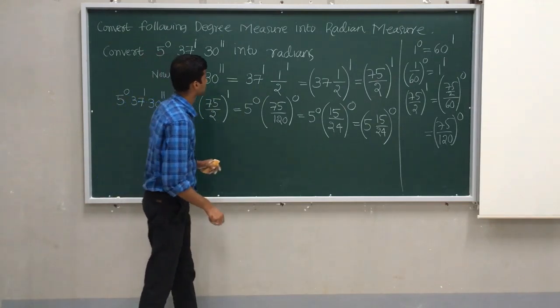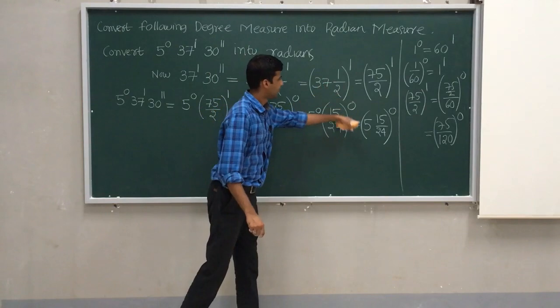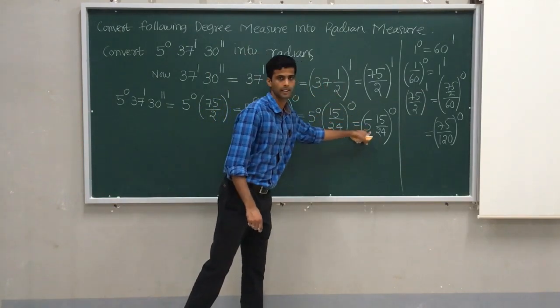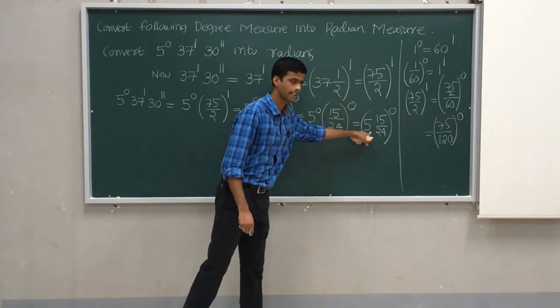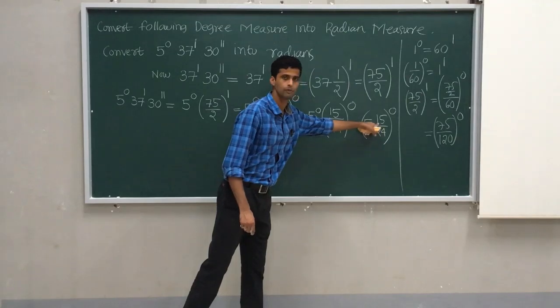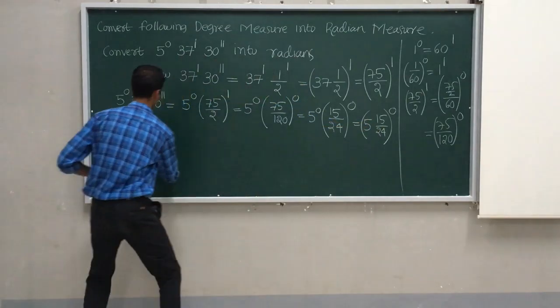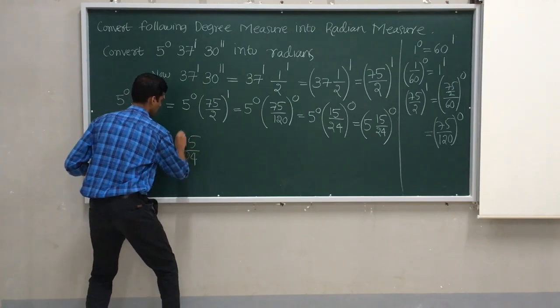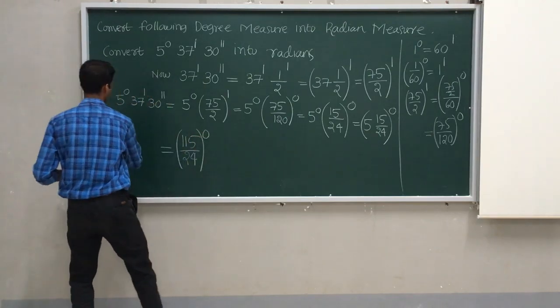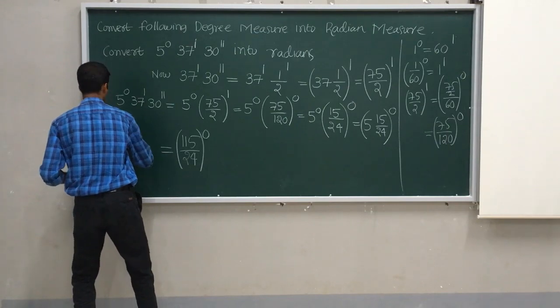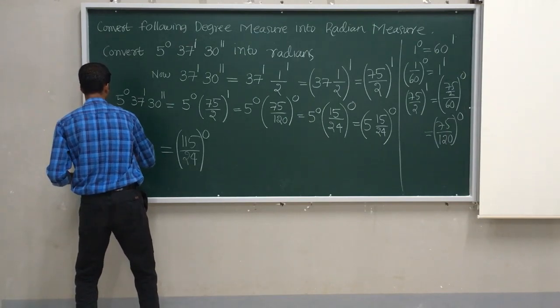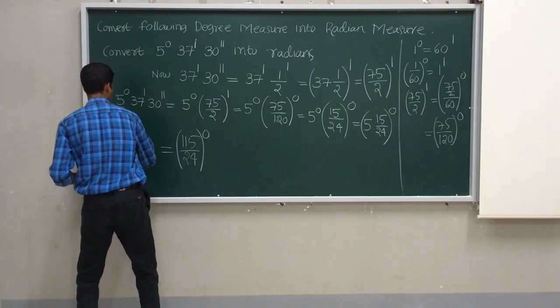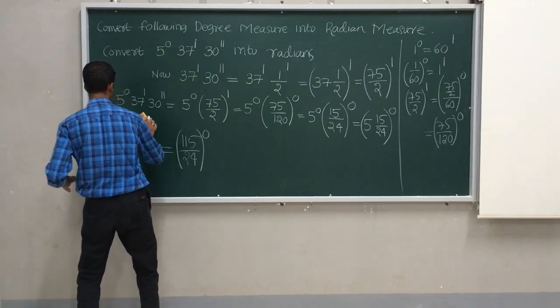Now let me simplify. 24 5s are 100. 100 plus 15, so I got final answer as 150 divided by 24 degree. Right? Just to check, 24. Oh sorry.